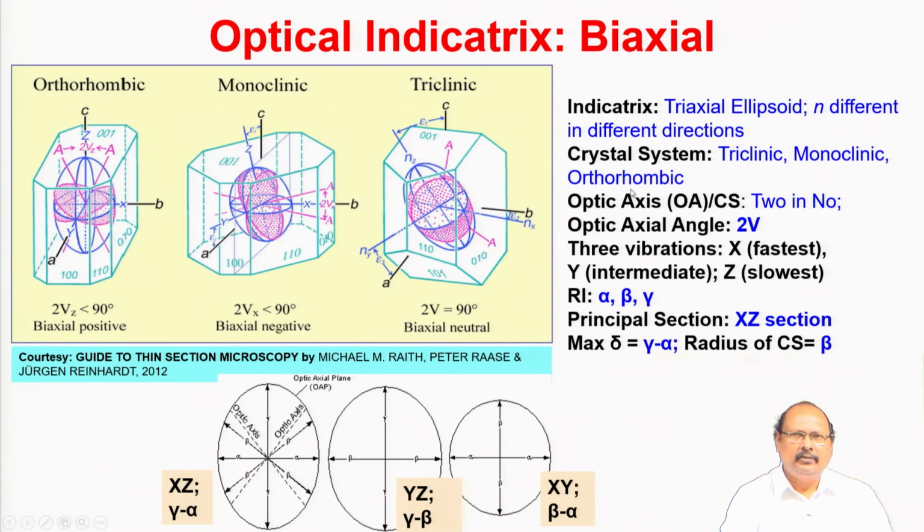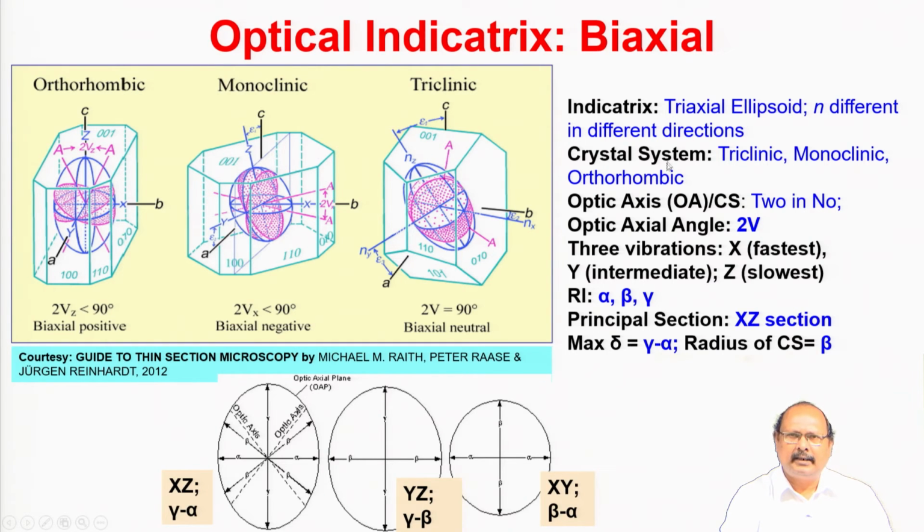And there is a reason behind this, because in all three crystal systems there are three crystallographic axes, that is A, B and C, and A is not equal to B, is not equal to C. So, obviously, because of this anisotropic behavior, the velocity of light will be different in different planes containing A, B and C crystallographic axes.